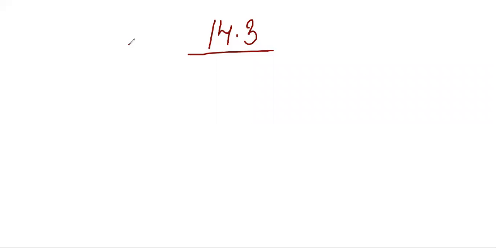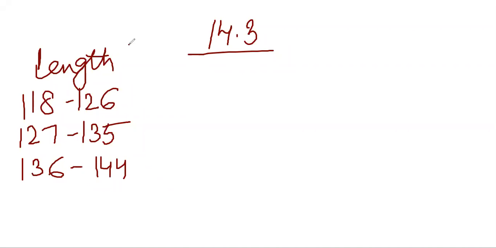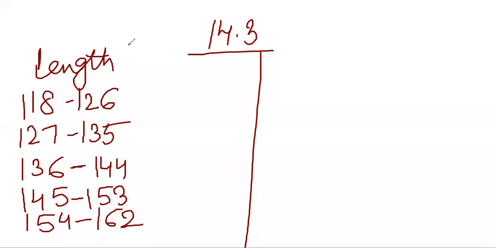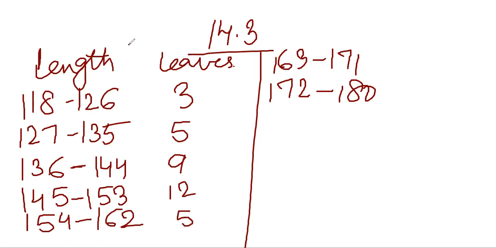There is a difference here: what if the data comes in this type, how will you do it? See, the lengths are given like 118 to 126, 127 to 135, 136 to 144, 145 to 153, 154 to 162, 163 to 171, 172 to 180, and the number of leaves is 3, 5, 9, 12, 5, 4 and 2.